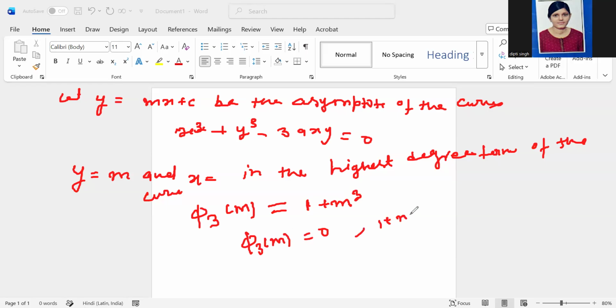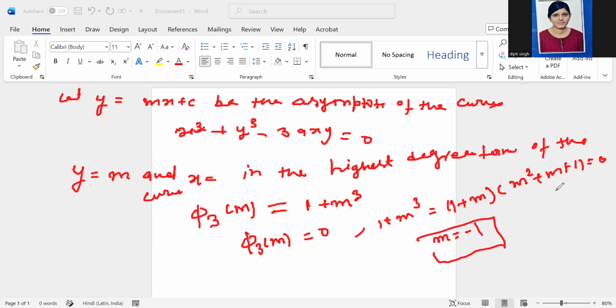We know the formula for a cube plus b cube, so just write like this. This is 1 plus m times m squared minus m plus 1 equals 0. So when we solve it, we obtain m equal to minus 1, and the other factor gives imaginary roots, so we ignore it.